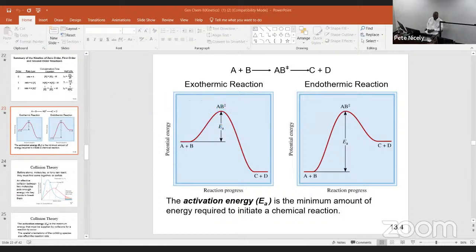Now, D says, if the initial concentration of I is 0.80 m, how much time would it take for 75% of the iodine atoms to react? Okay, so what equation comes to mind for this question?